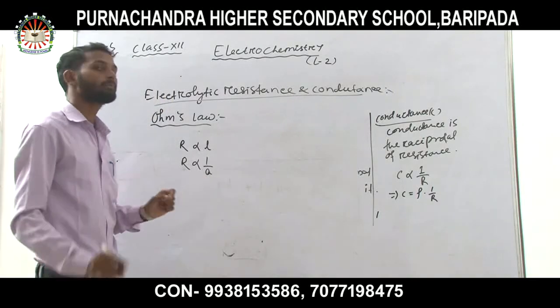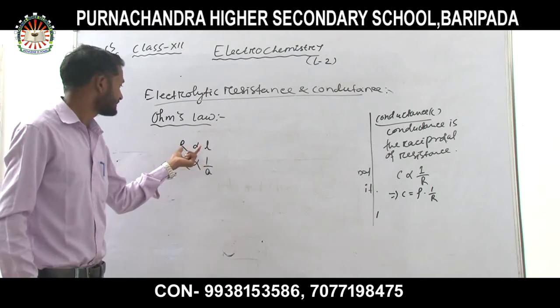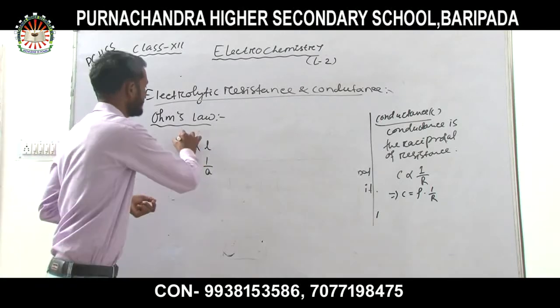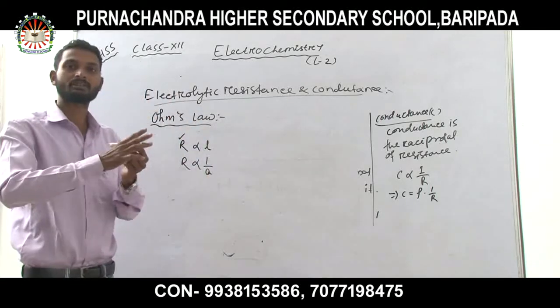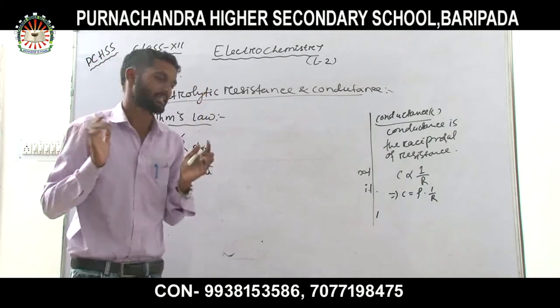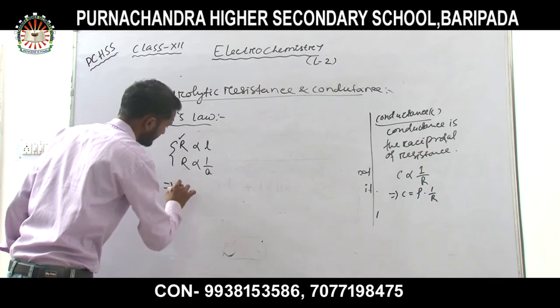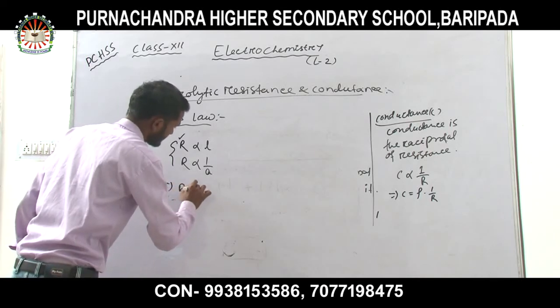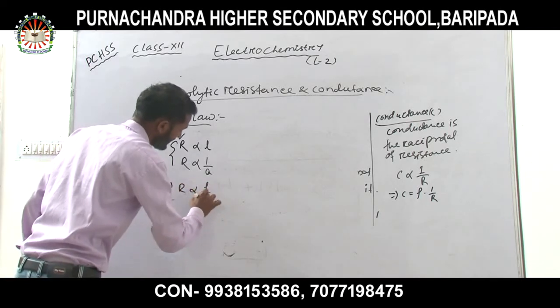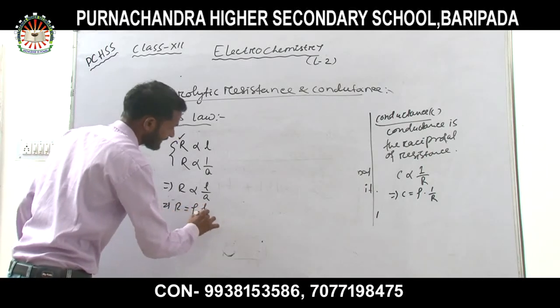That is, if an electrolyte is taken in a box, the electrolytic resistance will be directly proportional to the length and inversely proportional to the area of cross section. Combining both, we get R is directly proportional to L by A, or R is equal to rho L by A.